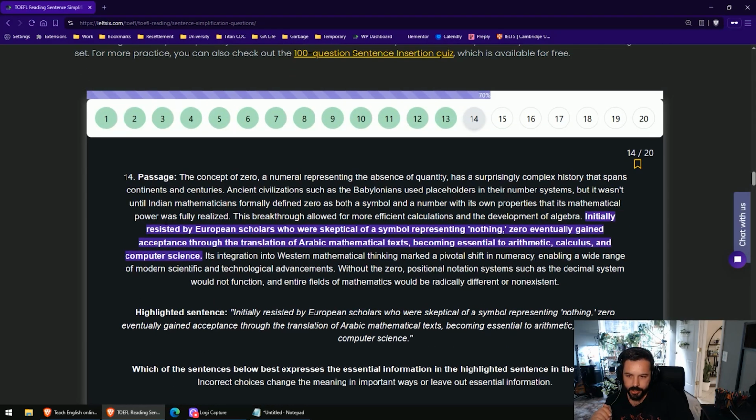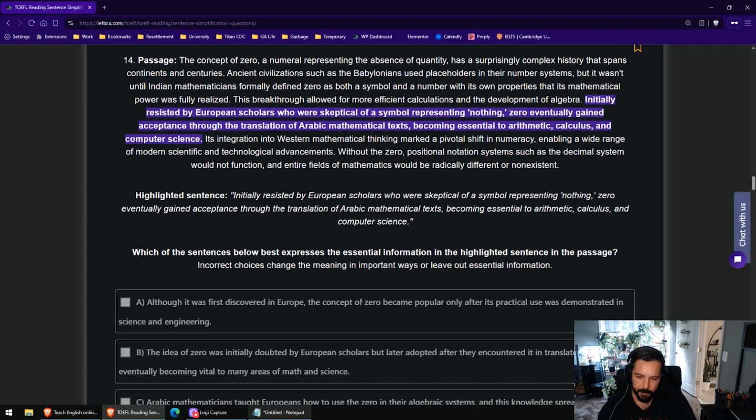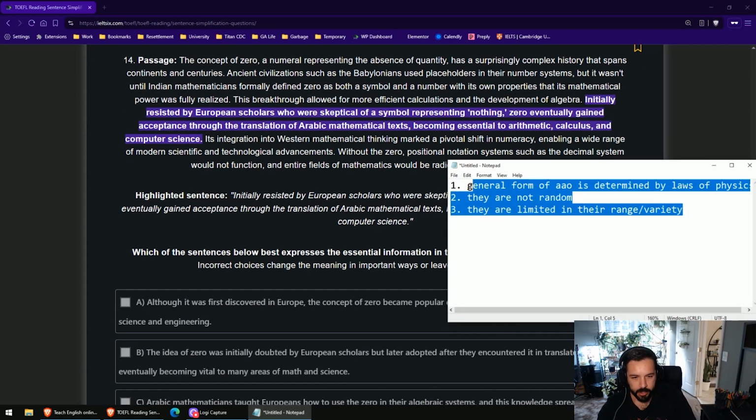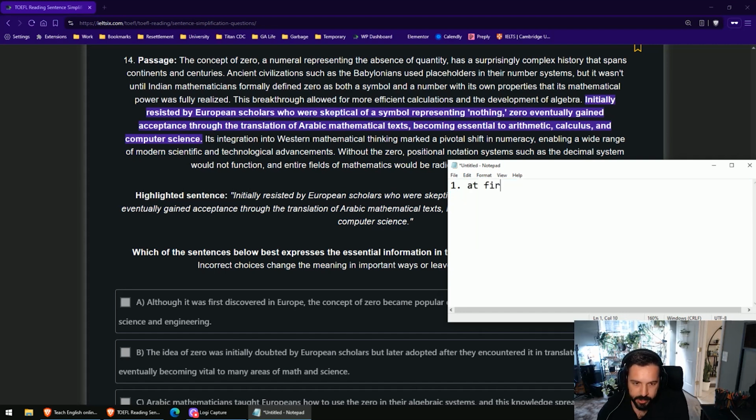Let's see. Initially resisted by European scholars who were skeptical of a symbol representing nothing, zero eventually gained acceptance through the translation of Arabic mathematical texts, becoming essential to arithmetic, calculus, and computer science. So, pay attention every time you see initially or in the beginning and so on. So at first, European people didn't like zero or the idea of zero. 2.